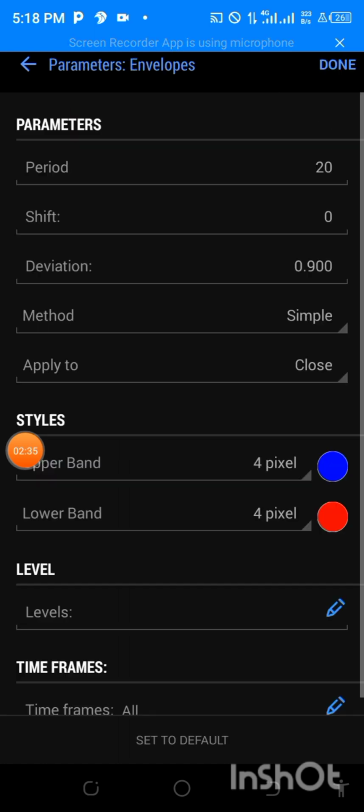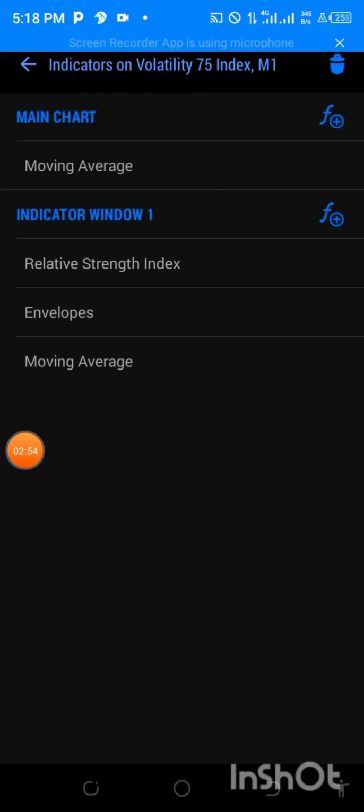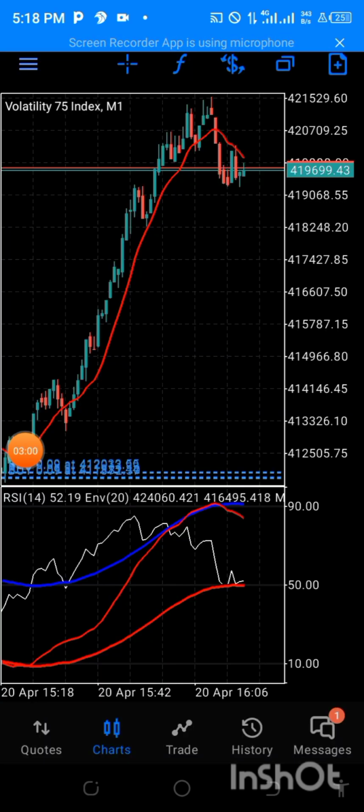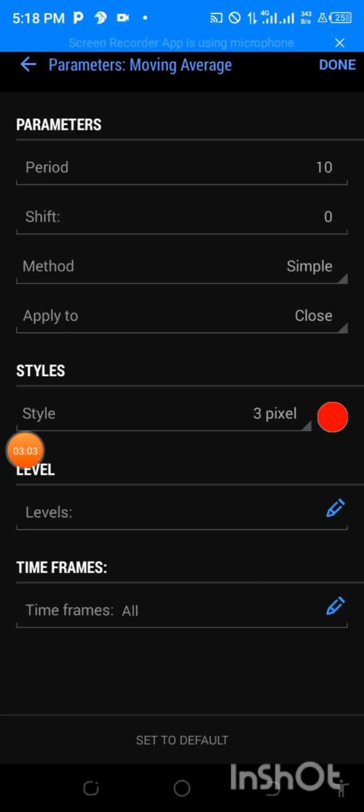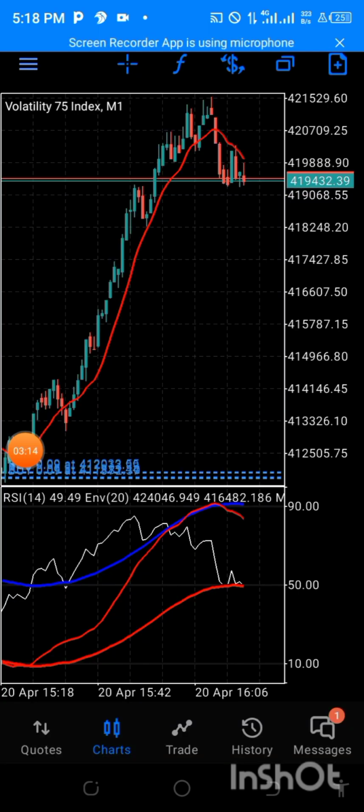Then we go to our envelope: period is 20, shift 0, deviation is 0.900, method is simple, apply to close, style upper band is 4 pixel blue, lower band is 4 pixel red, time frame is all. Then we go to our moving average under indicator window 1: period is 10, shift 0, method is simple, apply to close, style is 3 pixel red, and time frame is all, guys. That's how you set up your indicator.